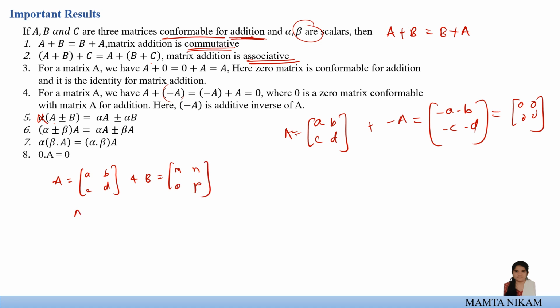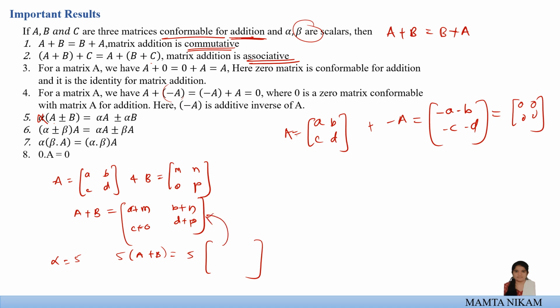Then A plus B will be [A plus M, B plus N; C plus O, D plus P]. And if we multiply a scalar to this, say the scalar value is 5, it becomes 5 times (A plus B). So 5 multiplied by this whole matrix, you can also write it as 5 times the matrix A plus 5 times the matrix B.